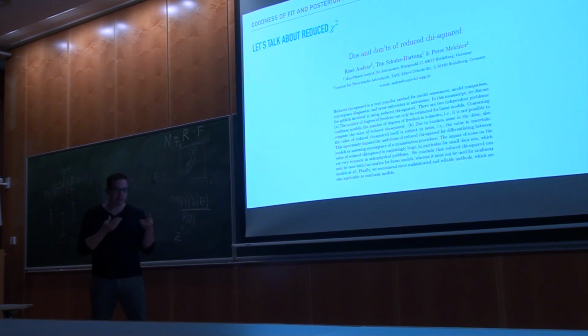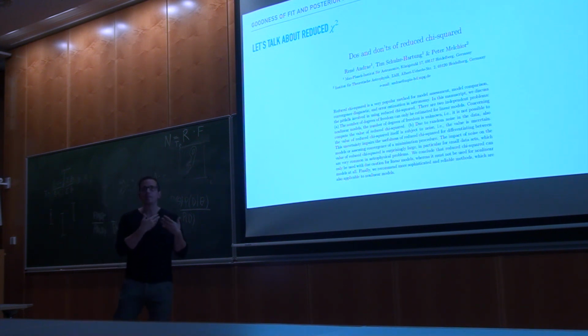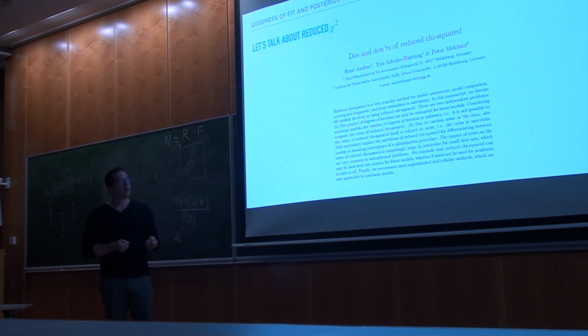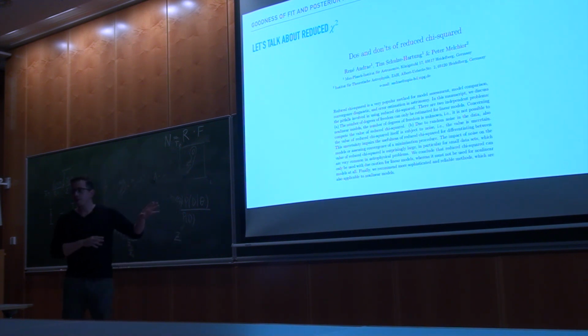It applies to this really simple case of a linear model with a Gaussian likelihood and really nice, bright, or abundant data. I won't go through everything in this paper, but I really encourage you to because there are so many pitfalls that you can run into.